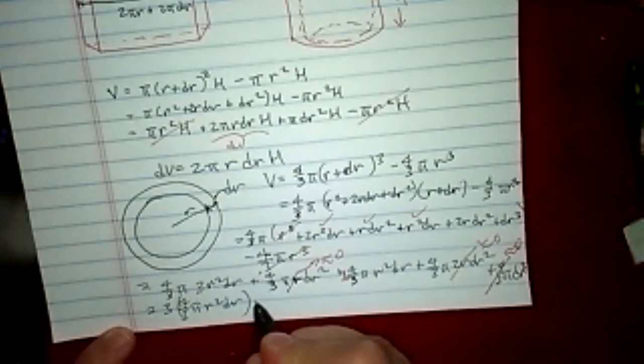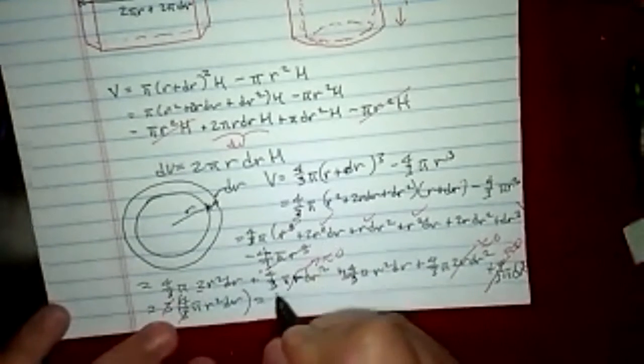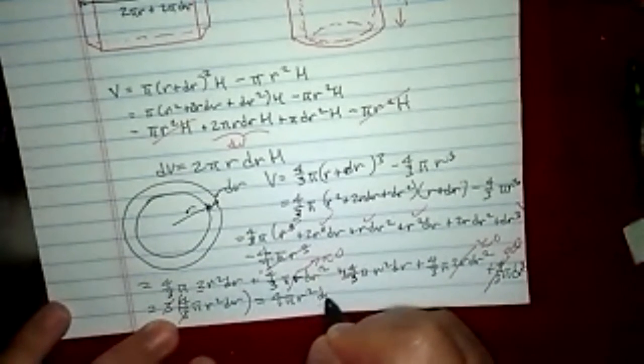And by doing that, I end up getting the 3's canceling out, and you get 4 pi r squared dr.